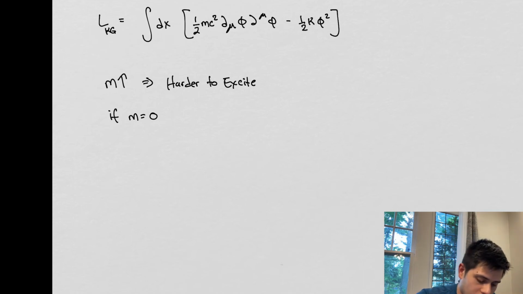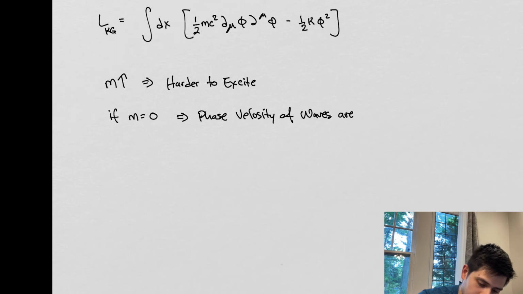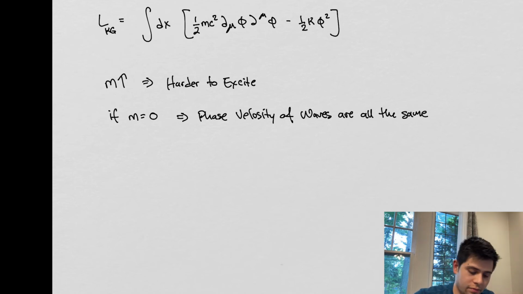So, the phase velocity, like that. So if m equals 0, the phase velocity of the waves are all the same.